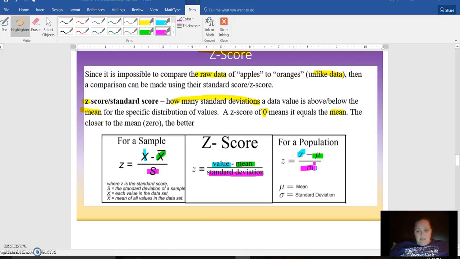Standard deviation is sigma for population, or it's s for the sample. So it's really just one problem: value minus mean over standard deviation. And so sometimes you'll be given the standard deviation, or sometimes it's a list of data and you need to find it.